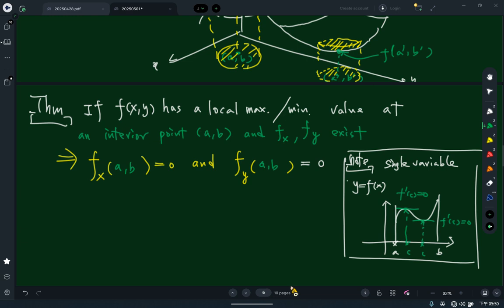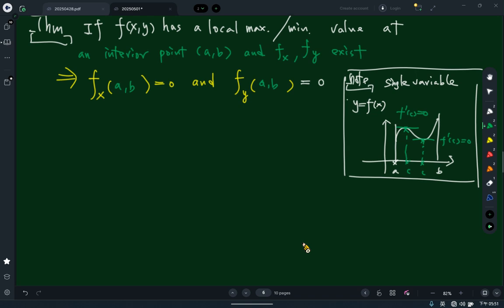Then we can conclude that partial f partial x at this point and partial f partial y at this point must be zero. Must be zero. So based on this idea, we can also define the so-called critical point.